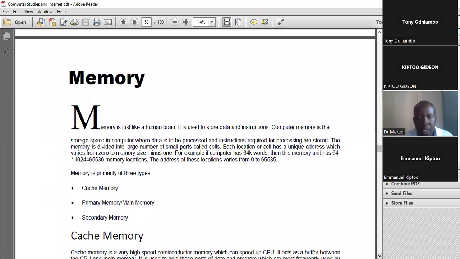Each of these cells is known as an address location, and to compute the number of address locations, you multiply and subtract 1 from the memory size.